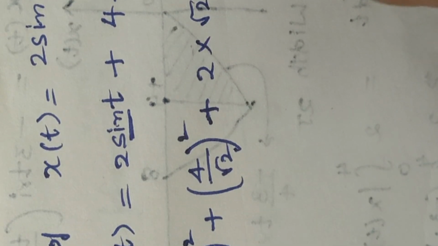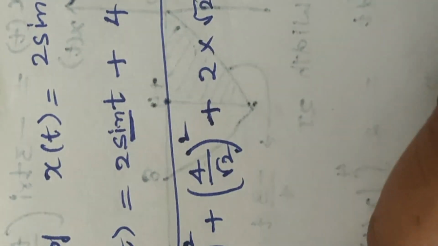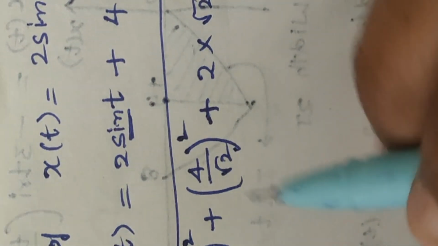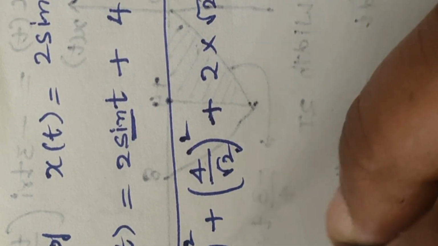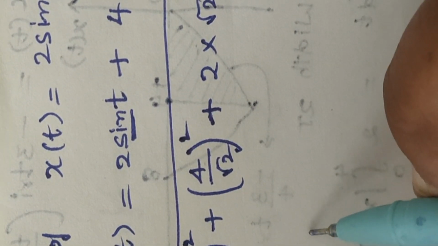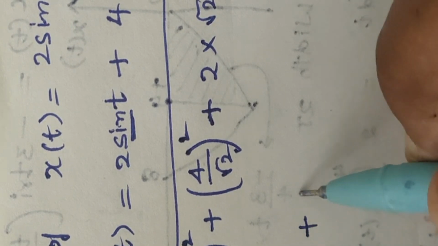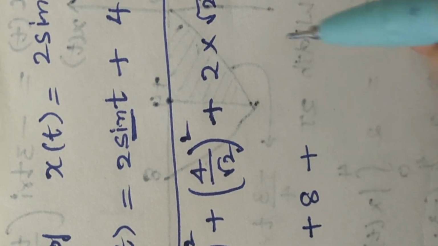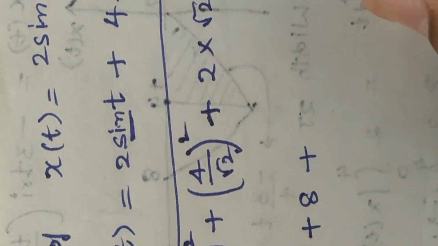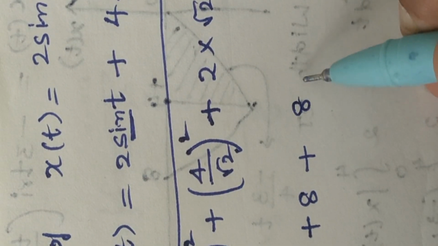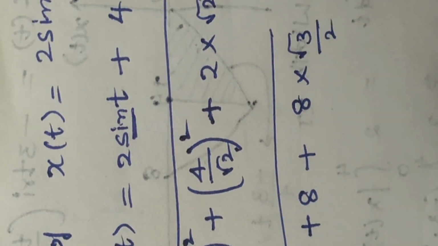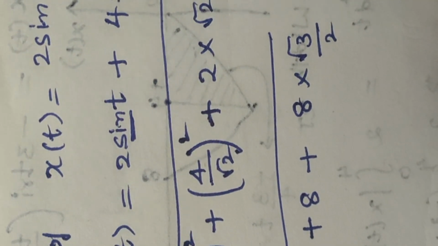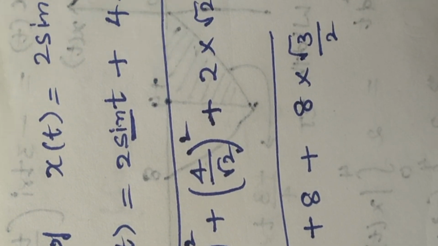Under the root, you will get 4 by 2 as 2, 16 by 2 as 8, plus 2 2s are 4, 4 2s are 8, and cos 30 is root 3 by 2. By calculating this value, you will get the answer as 4.114.